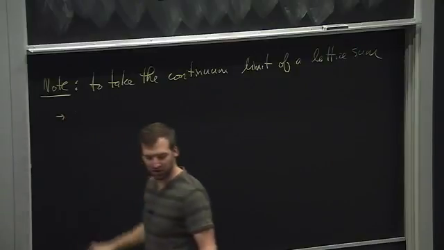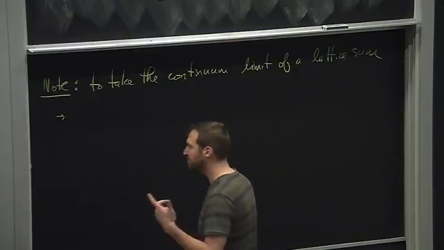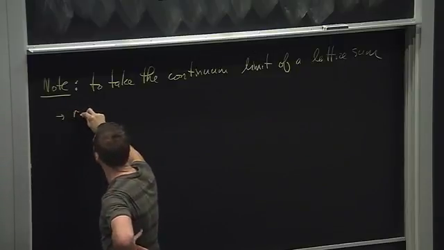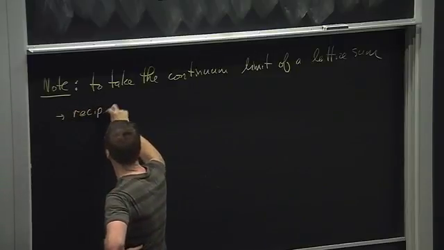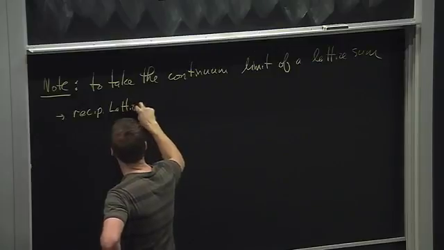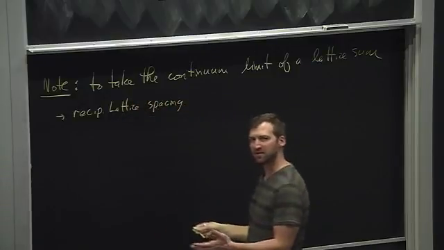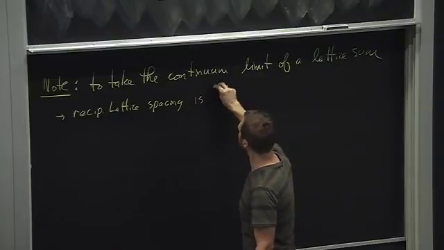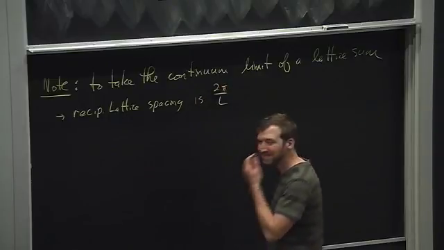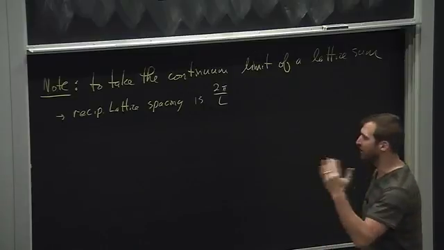The reciprocal lattice spacing is 2 pi over L. Your momentum space, remember, is discretized, so that's 2 pi over L in every direction.